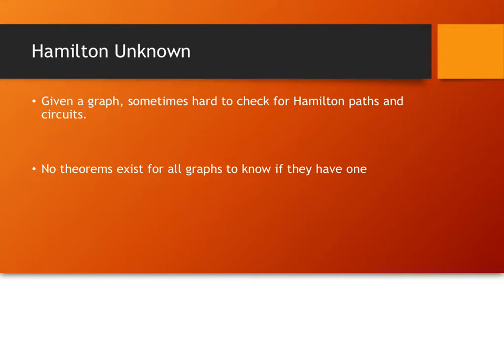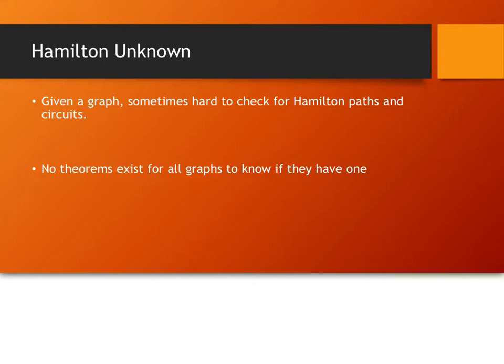A lot of times it's hard to check and find out whether Hamilton paths and Hamilton circuits exist. It turns out this is a big unknown problem. There's no theorem that exists for all graphs to know if they have a Hamilton path or a Hamilton circuit. There's no nice singular theorem that encompasses every single graph.